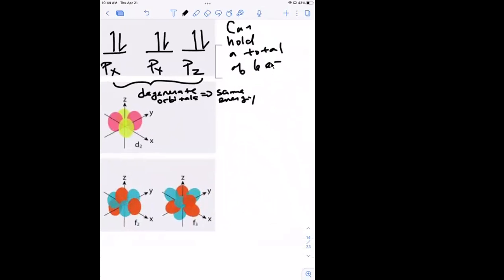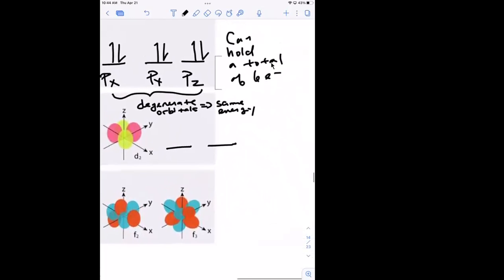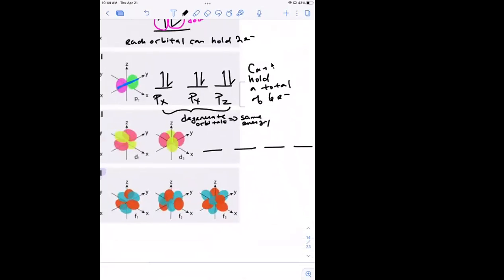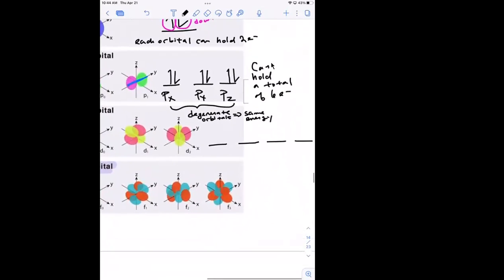Since there are 5 D's, make those a little smaller, sorry.